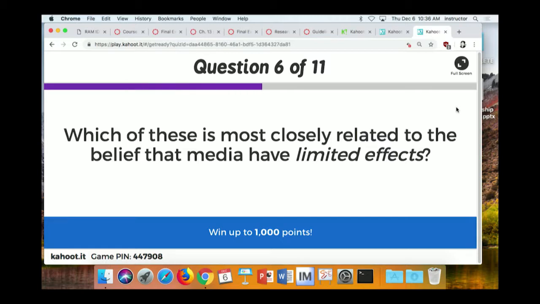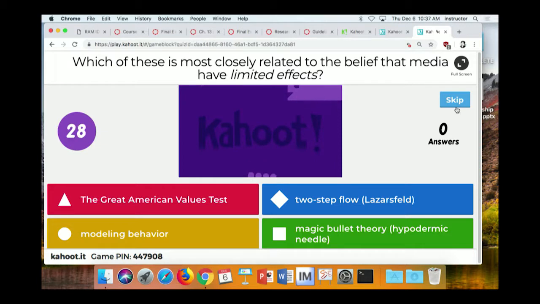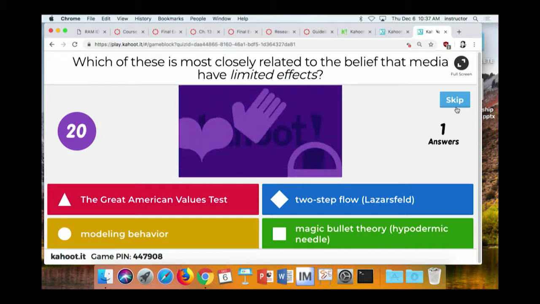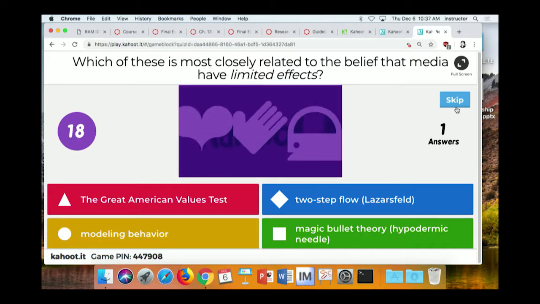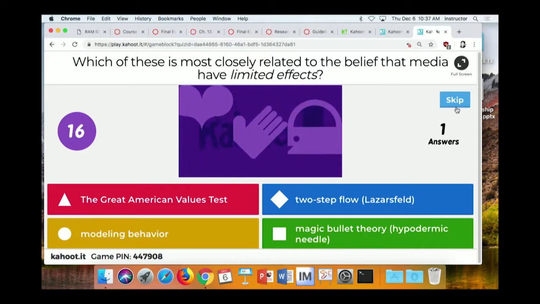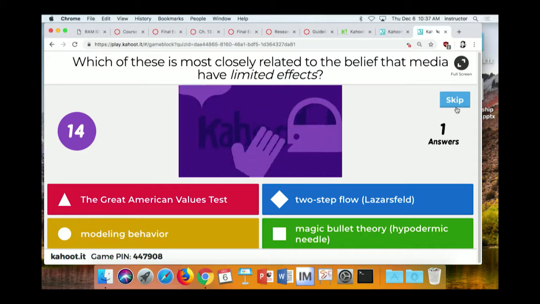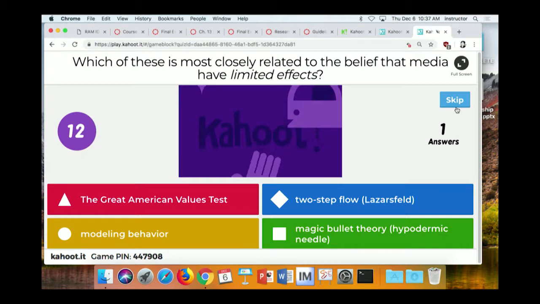Which of these is most closely related to the belief that media have limited effects? Limited effects. The Great American Values Test, which has nothing to do with anything, but it sounded good. Modeling behavior, which we just talked about. The two-step flow, or the magic bullet theory. Boom, where the message just blasts its way into your brain.